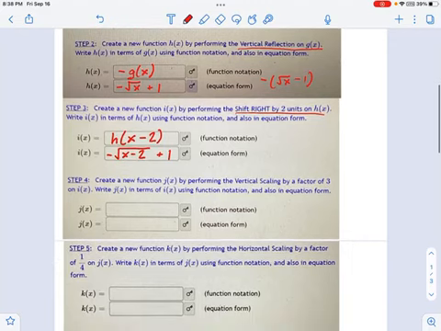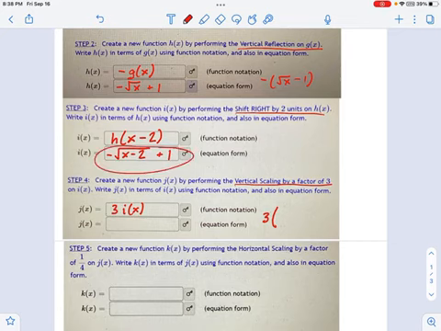Okay, next step, I've got a vertical scaling by a factor of 3. Now, if you think about what vertical scalings are, that means multiply by something. So j of x will equal 3 times i of x in function notation. And what that means here, and I'll write it over here first, is 3 times the i of x equation. Well, the i of x is this thing right here, that thing I just circled.